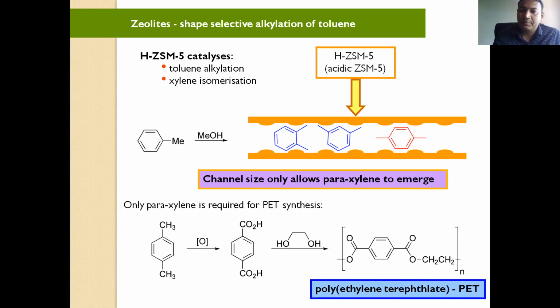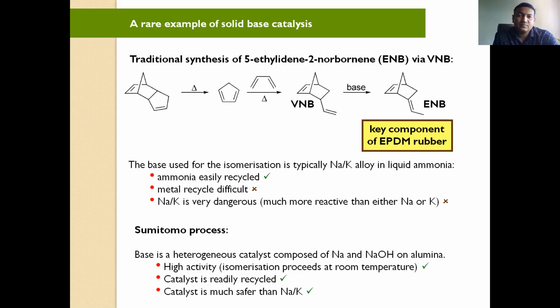So that type of possibility was there, and so we decided to synthesize only the para product. We used this ZSM5 catalyst for that, and we succeeded. So these two examples are sufficient to understand what zeolite is and how we can use this ZSM5 catalyst in applications.